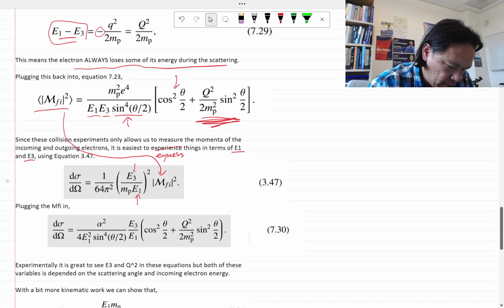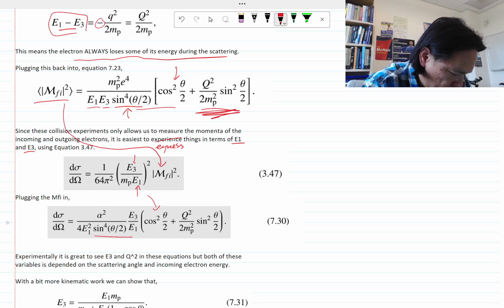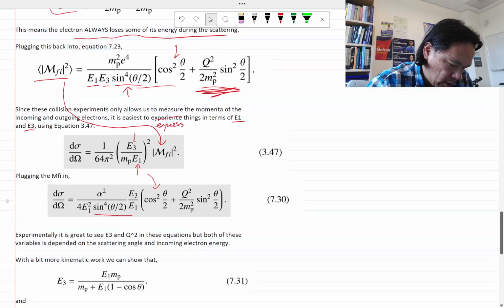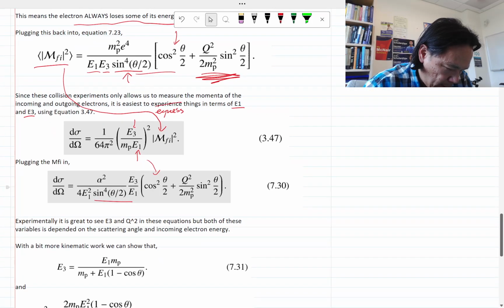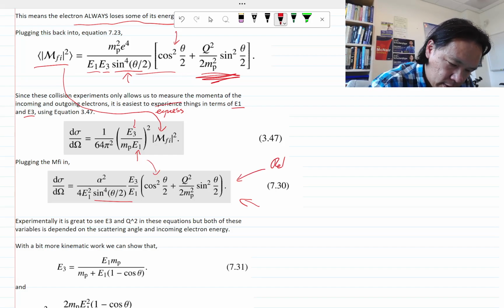When you do this plug in, all of these factors come with you. The sine to the 4th power comes with you. And what we'll see is that this is the differential cross-section for relativistic electron-proton scattering. Relativistic, I'll write this down.